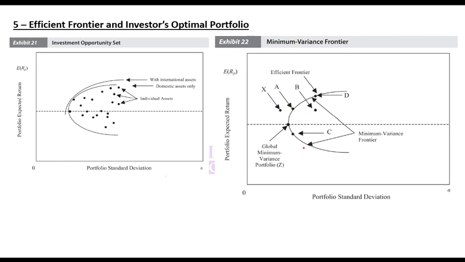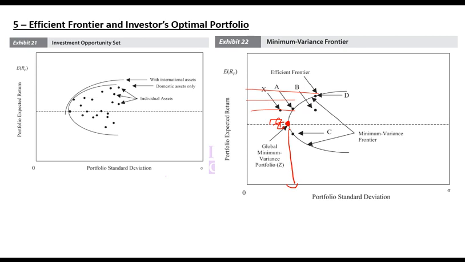So all of these have minimum variance for a given level of return. Now within these, which one has the lowest variance? The lowest variance is this point, let's say G, or portfolio Z. It has the lowest variance. Why? Because there is nothing to the left of it. Standard deviation is on the x-axis, so this one has the lowest standard deviation.